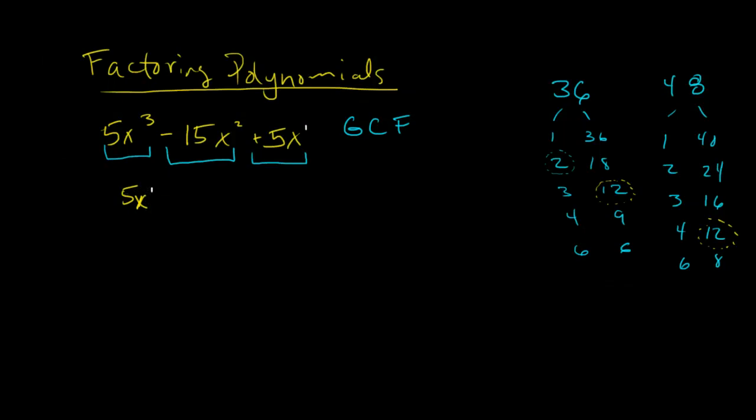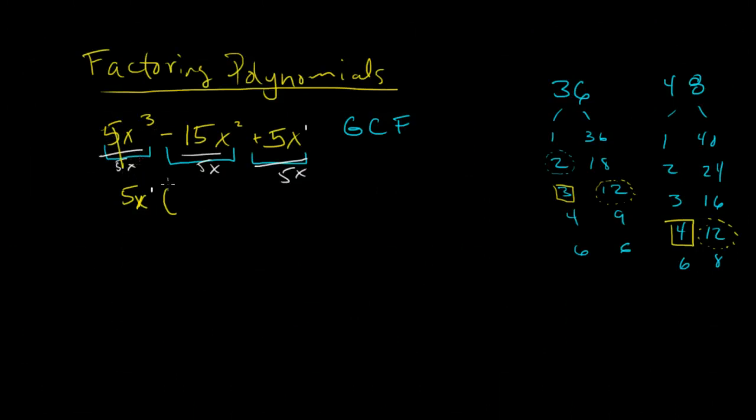So if I divide that out, what am I left with? For instance, if I divide 12 out of 36, I'm left with a 3. If I divide 12 out of 48, I'm left with a 4. So when I divide out 5x from each of these terms, let's divide that one by 5x, let's divide this one by 5x. 5x cubed divided by 5x, those 5's cancel.